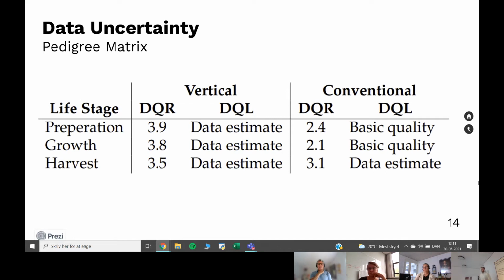And using the processes, I mean, there's not really a process that says, this is how you do vertical farming of wheat. So there will be some mismatch across the indicators, and that is also what is reflected here. For the conventional, it's better, meaning there's less uncertainty, as we have a lot of good quality data regarding conventional farming of wheat.